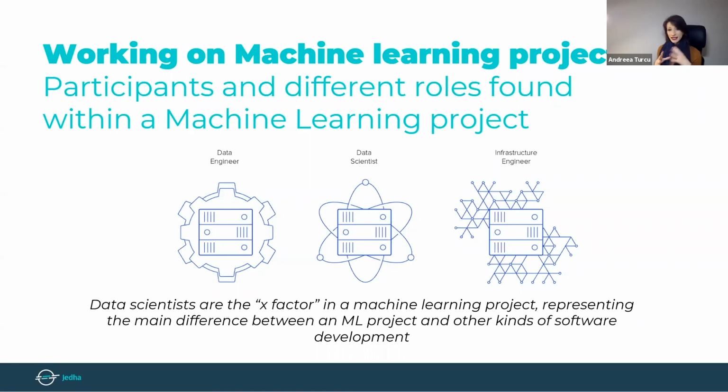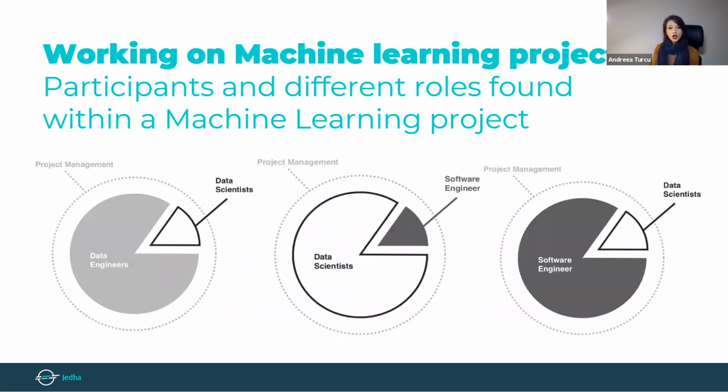He explains that data scientists are the X factor in a machine learning project, representing the main difference between a machine learning project and other kinds of software development. What I really liked in his approach is that he structures via pie charts project roles during different project phases, finishing with leadership roles, but always surrounded by the project management guidance and supervision.